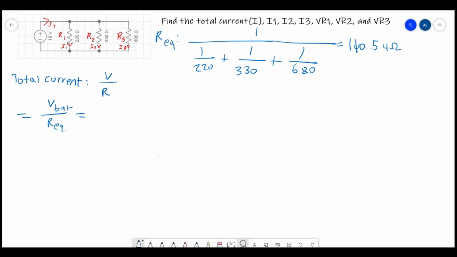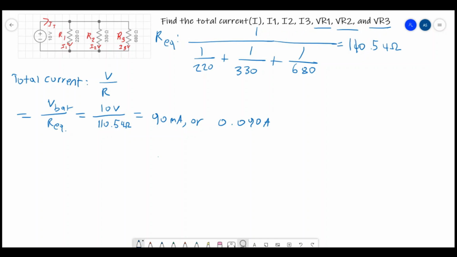If we solve this, 10 volts divided by 110.54 ohms will be a total of 90 milliamps or 0.090 amps.